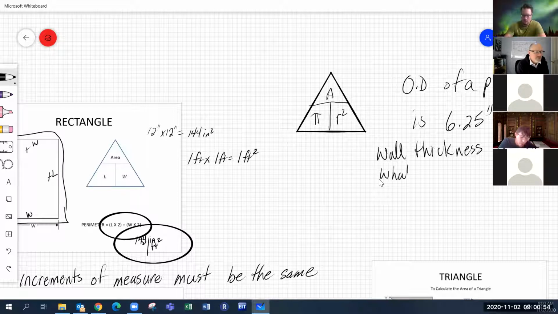What is the ID? And if you have your answer, just shout it out or put it in the chat. 5.75. That is correct.